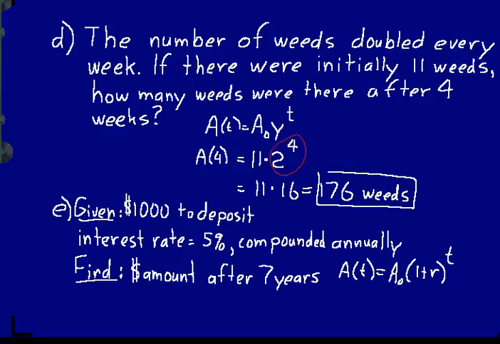So let's go ahead and start substituting values into that function. We want to know what the dollar amount is after 7 years, so we're trying to find A of 7. And so we'd say that equals 1,000 times 1 plus r. Now when we do the interest rate, we don't put a 5 in there. We think of the percentage. It's 5 over 100, right?